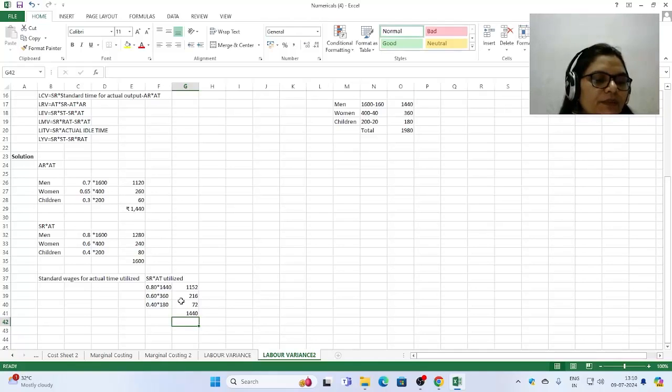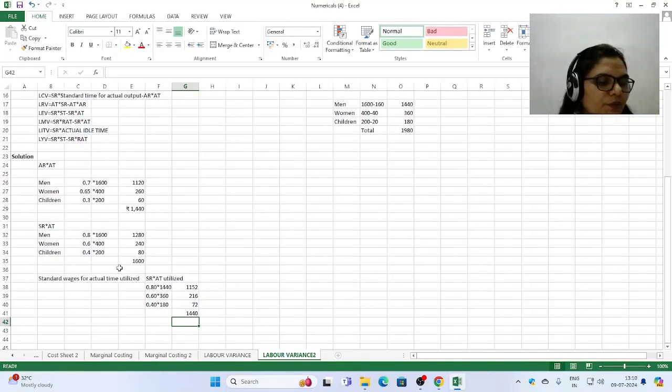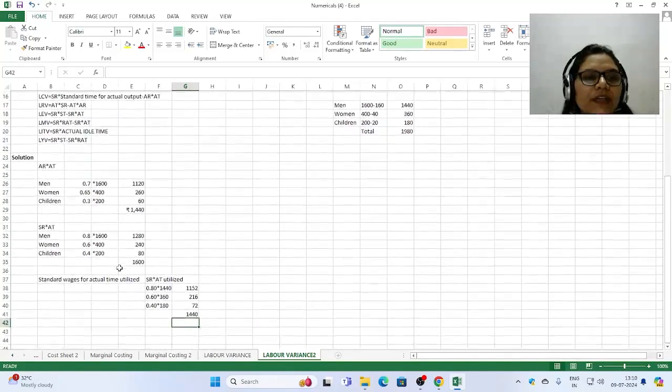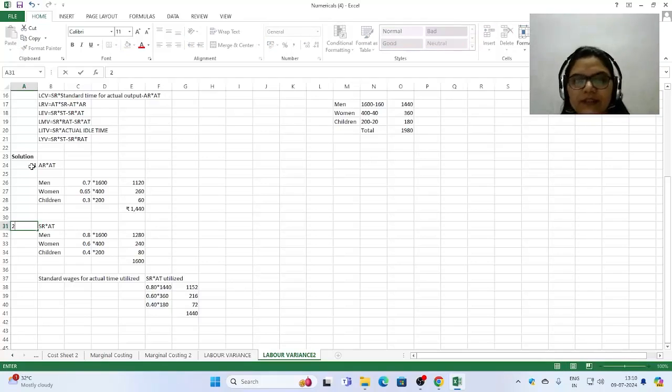Now next calculation. First of all, we have done this calculation, actual time utilized. AR into AT, we will number it as 1. SR into AT, we will number it as 3.